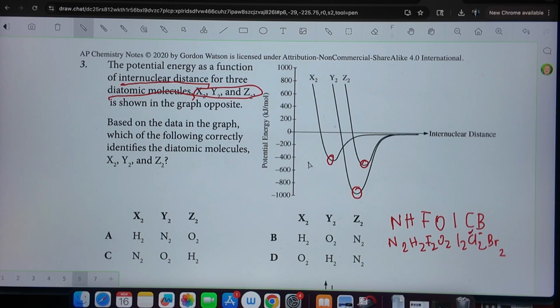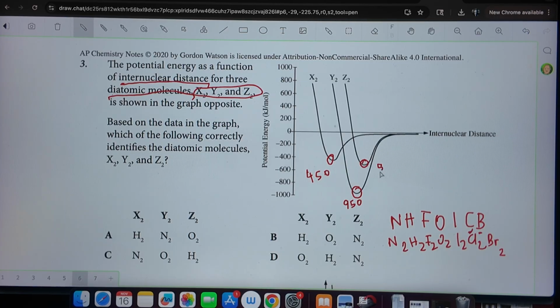This one is approximately, let's say, 400, maybe 450. This one goes all the way down to, let's say, 950, and this one stays up here. I would estimate it to be lower than 450, so I would say this last one is like 500.